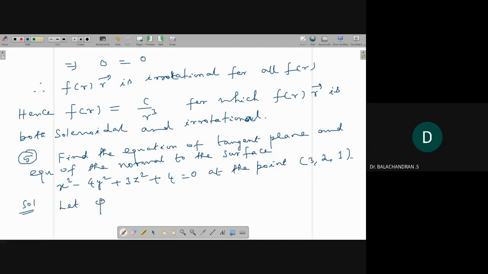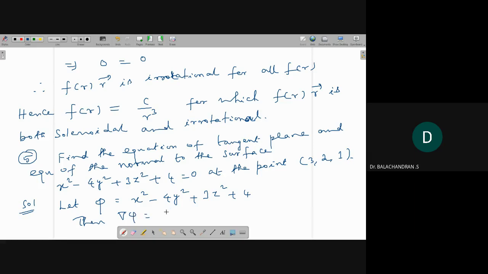Let phi equal to x square minus 4y square plus 3z square plus 4. So I have taken phi. Then find del phi.